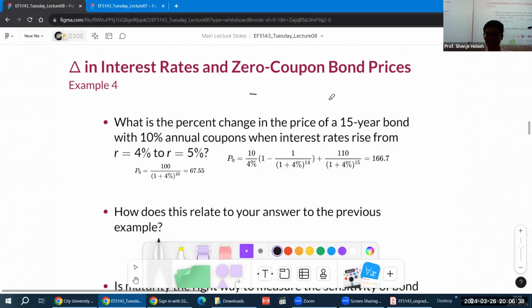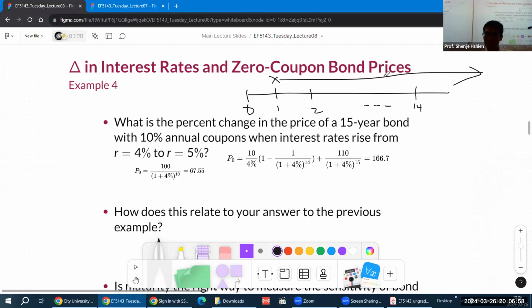So maybe I draw a line just to refresh your memory, right? So we have 0, 1, 2, all the way to 14. So I'm looking at cash flow payments from 1 to infinity, and then I'm subtracting the payments starting from 15 to infinity.